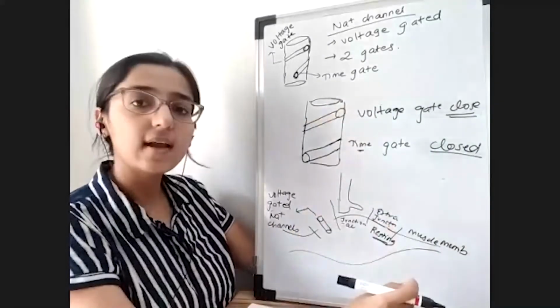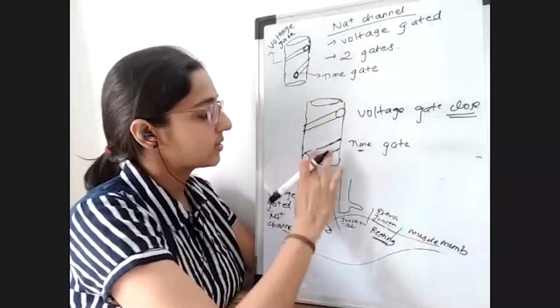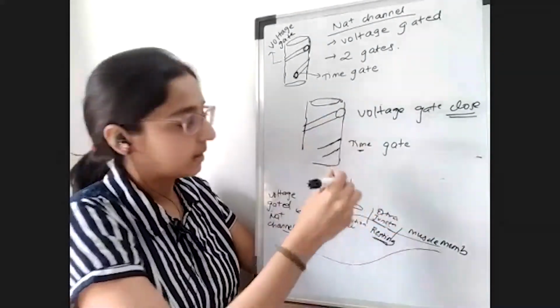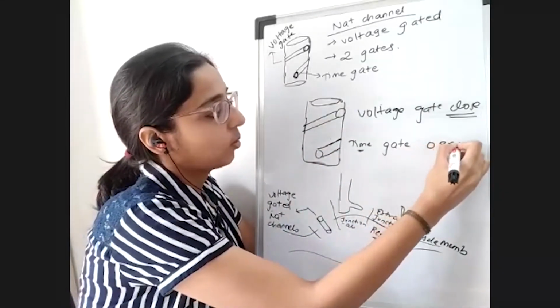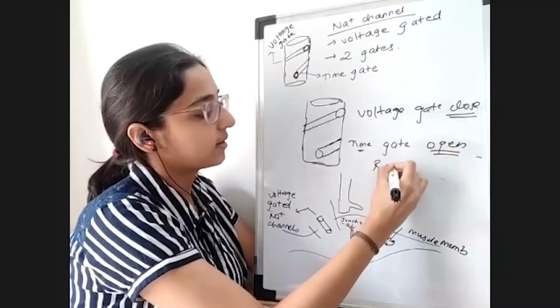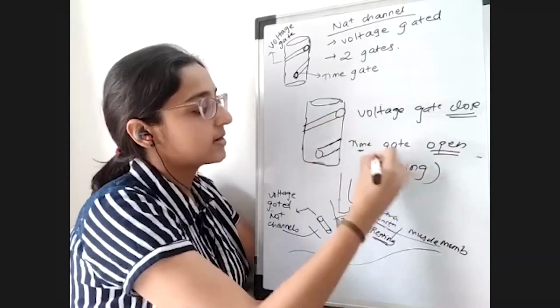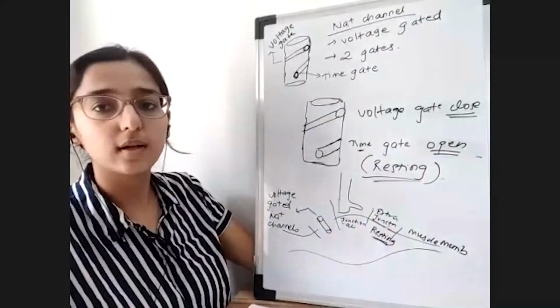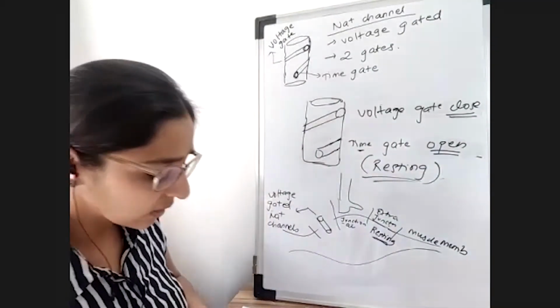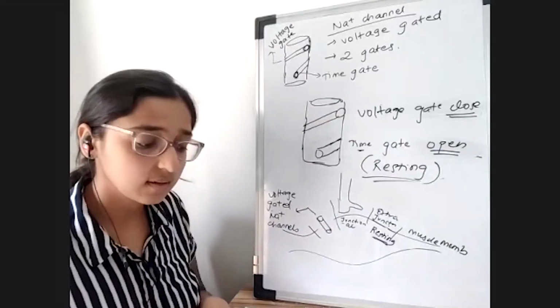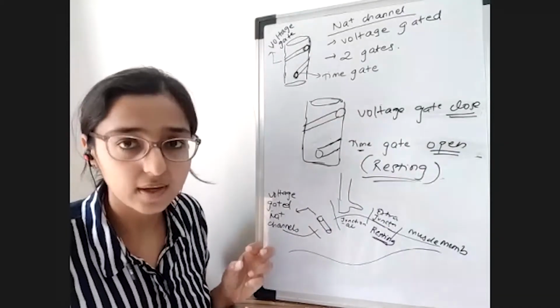And when the voltage gate closes, the time gate can take a break and open up. It doesn't have to stay closed. So now the time gate will open and we are back to the resting state of the sodium channel. This is how scoline acts, causing initial contraction followed by relaxation.